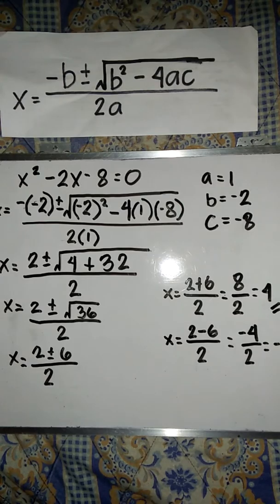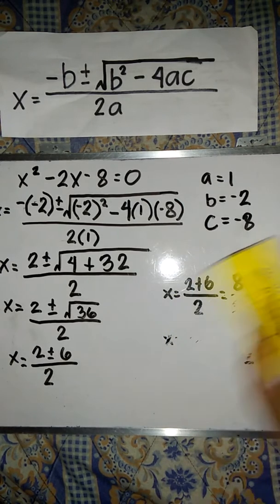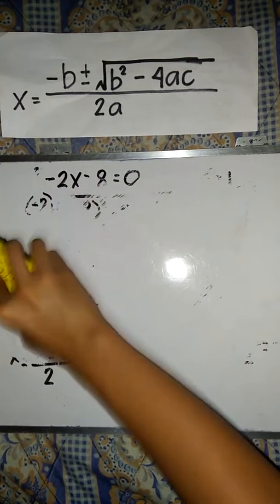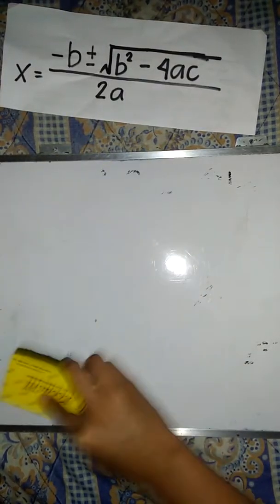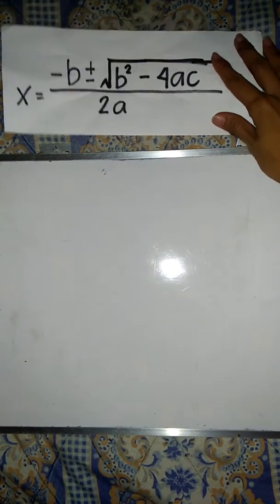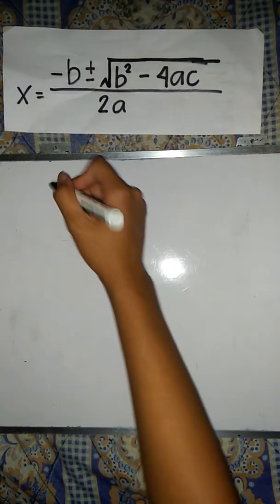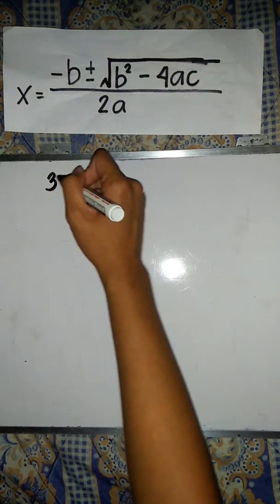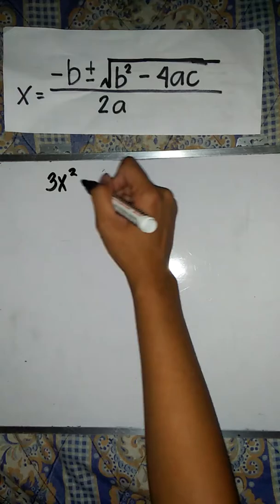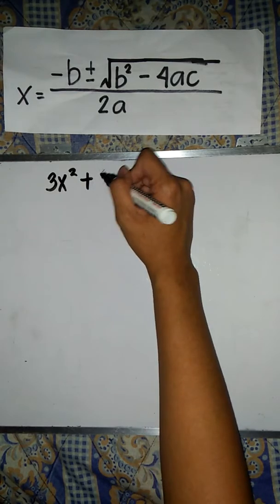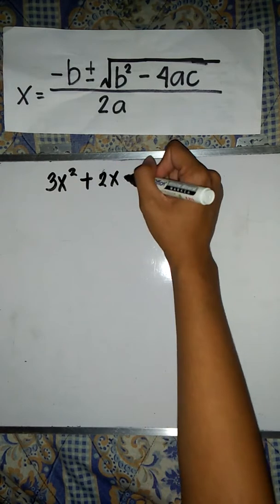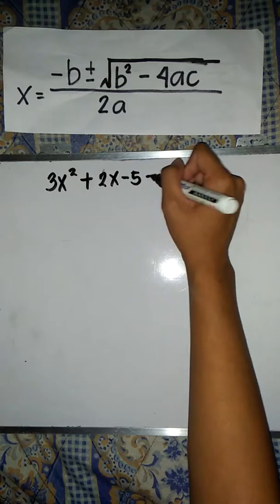So here's another example: 3x squared plus 2x minus 5 is equal to 0.